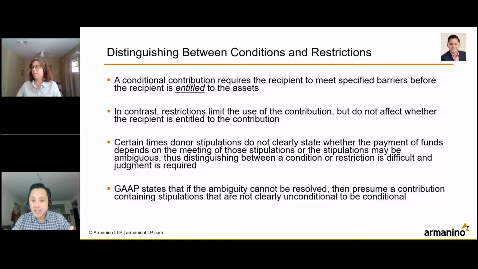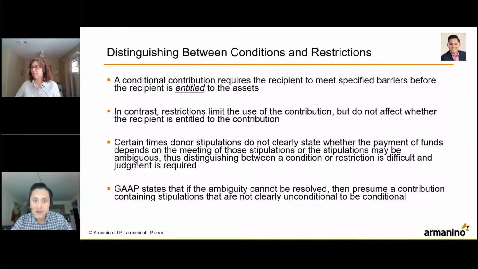It recommends that the nonprofit organization review all the facts and circumstances and reach out and communicate with the donor for more clarity. If that ambiguity still cannot be resolved, then a reasonable and conservative position would be to presume that contributions that are not clearly unconditional are conditional.